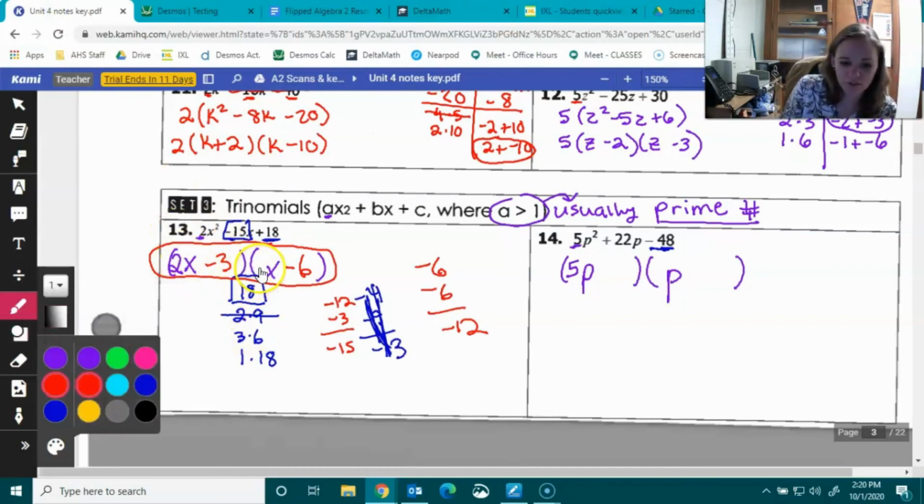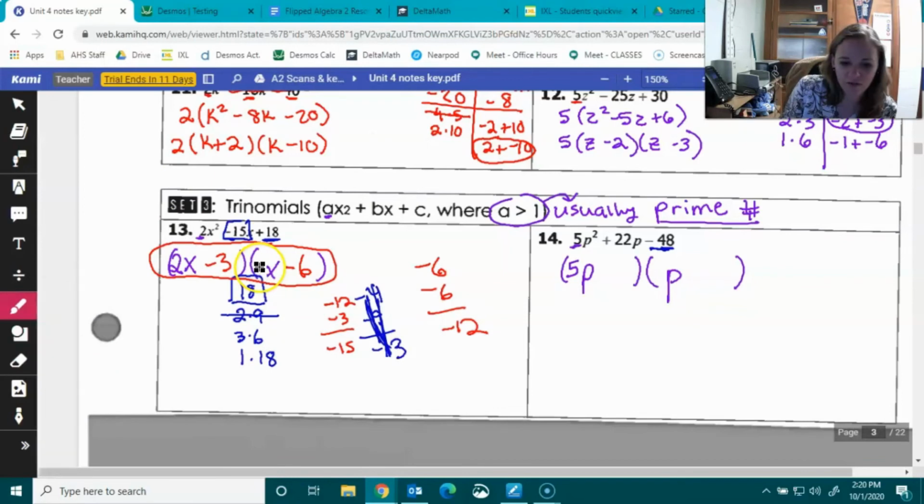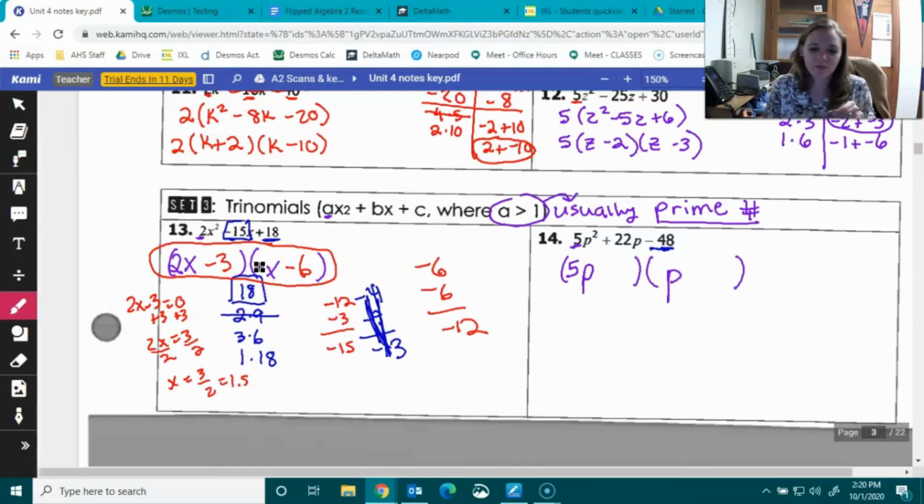So all you have to do is say, if I take all this and set it equal to 0, 2x minus 3 equals 0, I add 3 to the other side. 2x is equal to 3, and then I divide by 2. And so x is equal to 3 over 2, which is the same thing as 1.5. So it's really my 0, okay? Or you can just say it's going to be this number divided by this number.